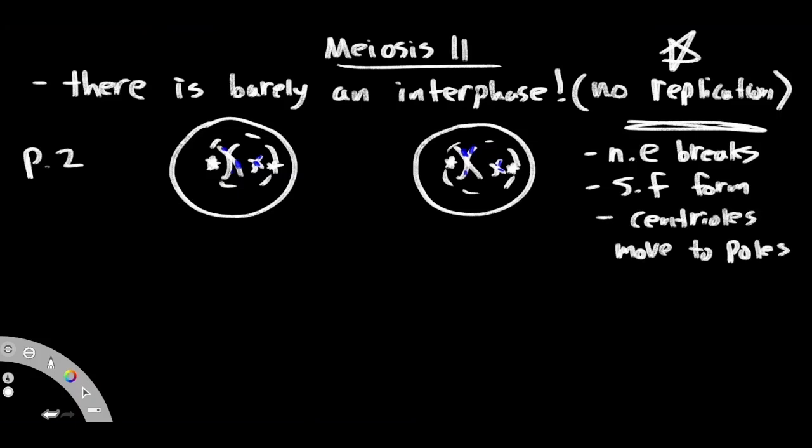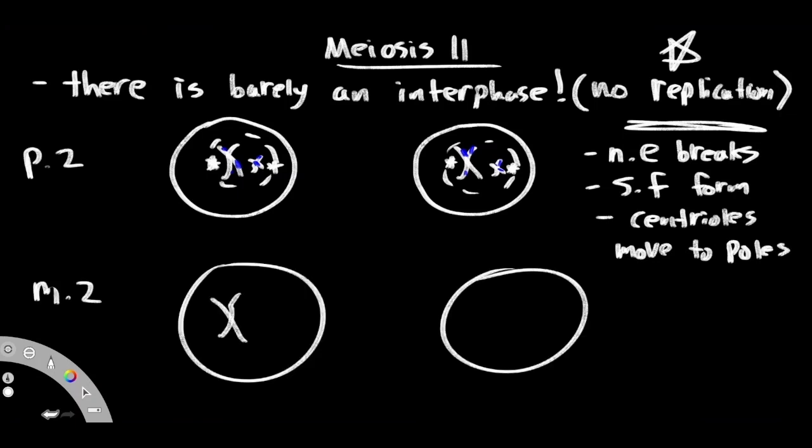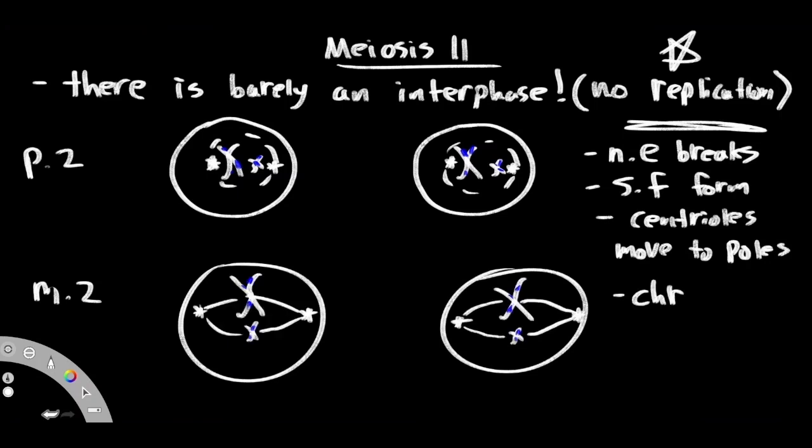move to the poles. In metaphase 2, they do not line up beside each other like this, because obviously they're not homologous. They can't line up beside each other. They don't match, so they line up on top of each other. But also the chromosome pairs are at the equator again.